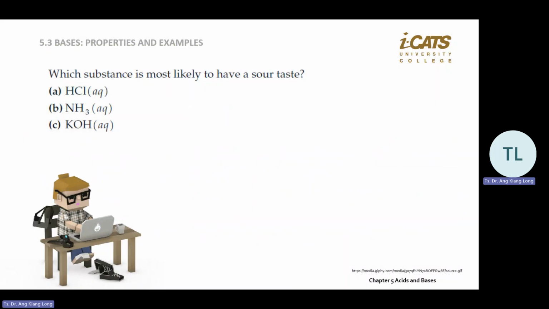Okay, so this is just a quick quiz. You are given three items here. Which one is likely to taste sour? HCl, or you look for those that have H positive. And H3?